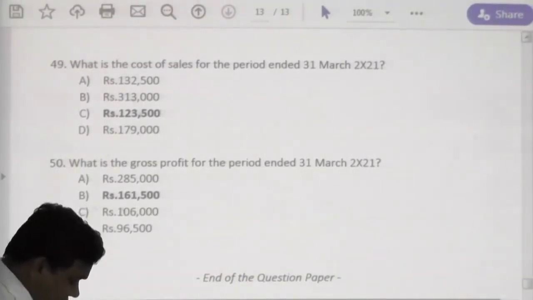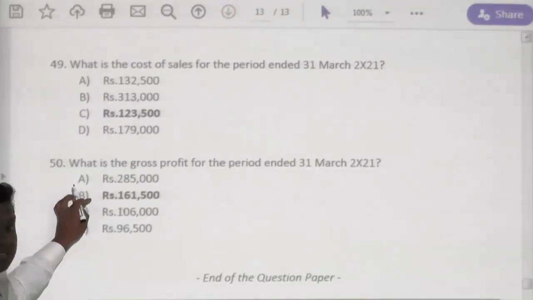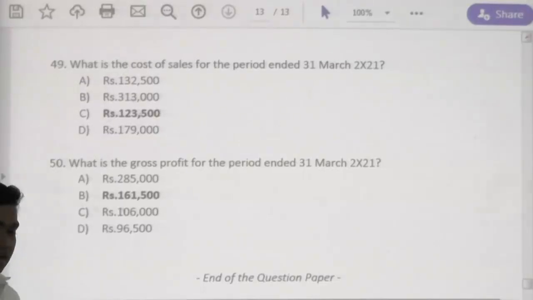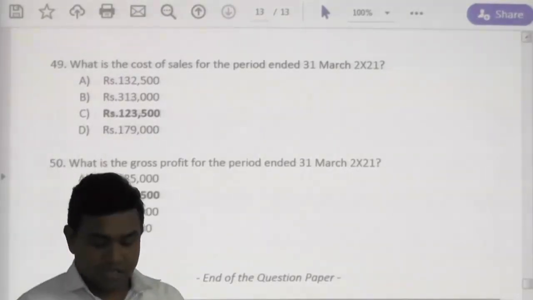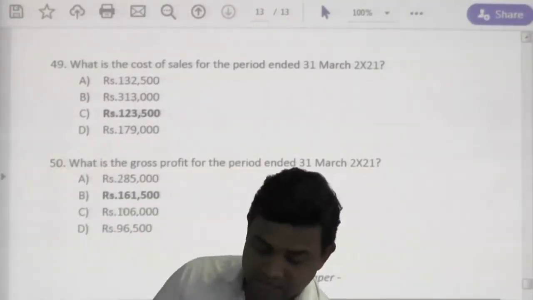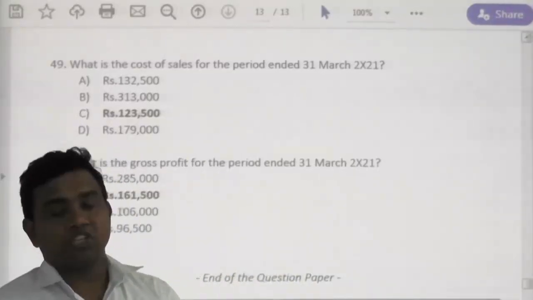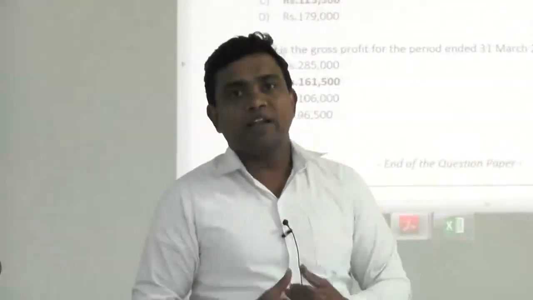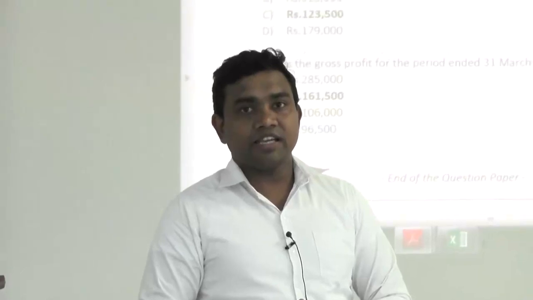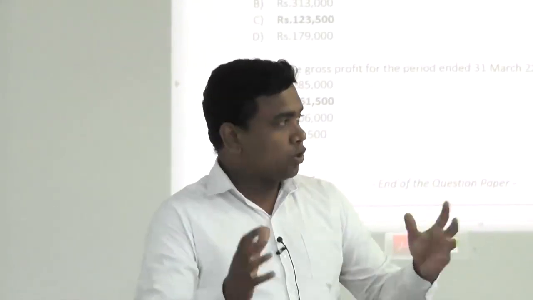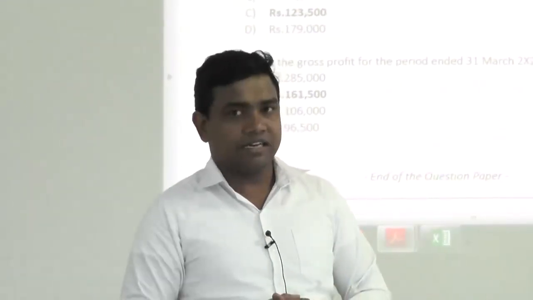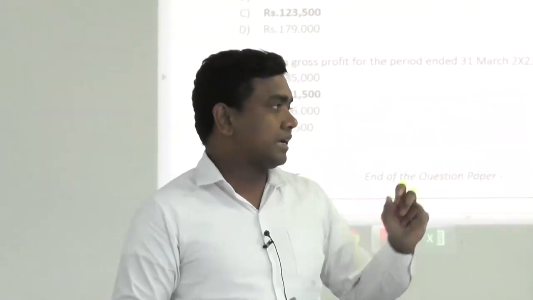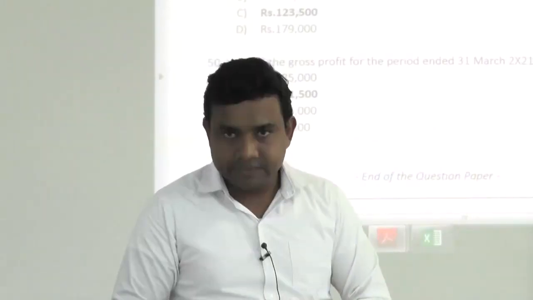Then 161,500 is the gross profit earned during the period. Therefore, you can understand if there is a question like this, see how many questions they raise. If they raise more than 2-3 questions, better to prepare the table and answer directly, because you can get the exact correct answer using the table.